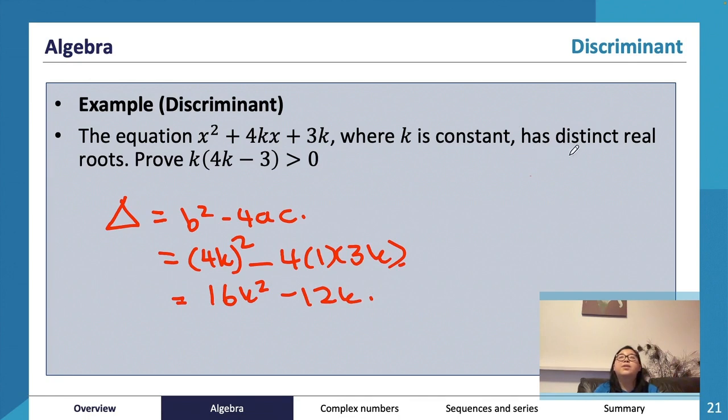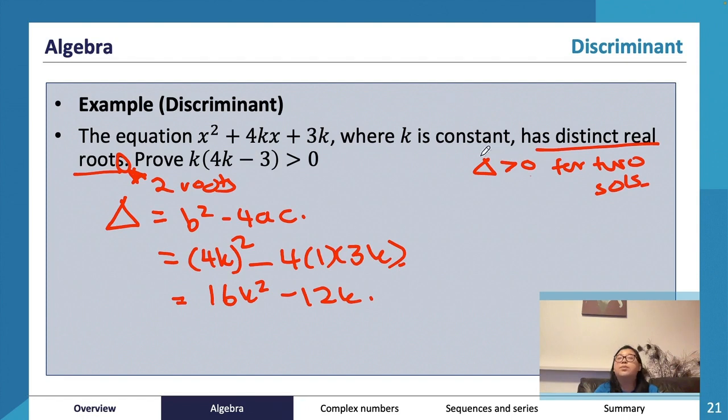Alright, so if it needs to have distinct real roots, because it has an s there, that means we need 2 roots, right? When we need two roots, remember the discriminant has to be greater than 0 for two solutions.